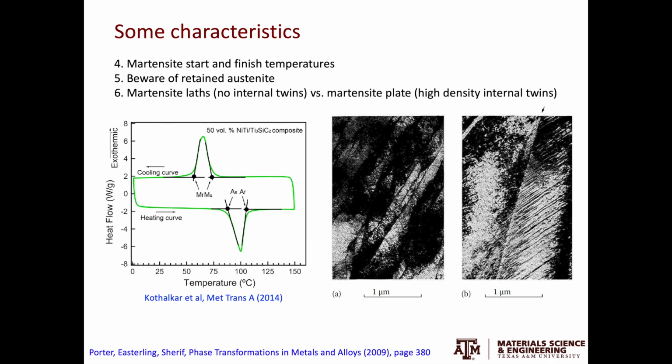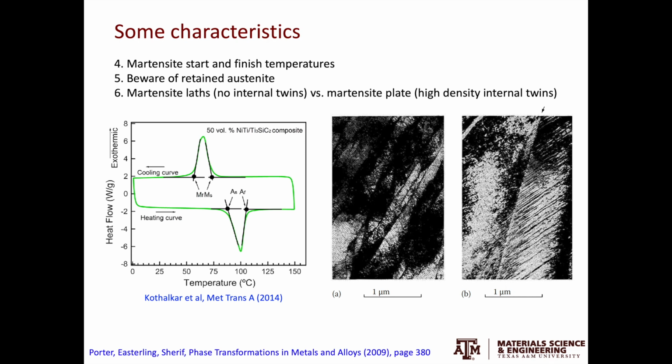The second thing is, as you can see, the Martensite and austenite phase transformation temperatures are different. This is caused by the undercooling of the system to trigger Martensitic transformation, as well as the strain stored in the system. And the difference between those two peaks is termed thermal hysteresis.